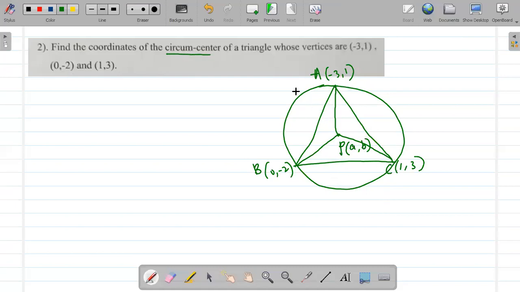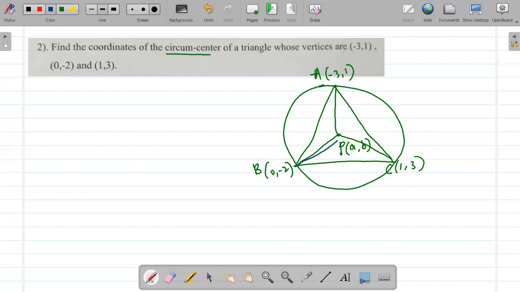And now to find this circumcenter, you need to get a clear idea first that it's the center of the circle on which the vertices of the triangle lie. That's the circumcenter. So to find this, we use the distance formula. What's the logic behind it?